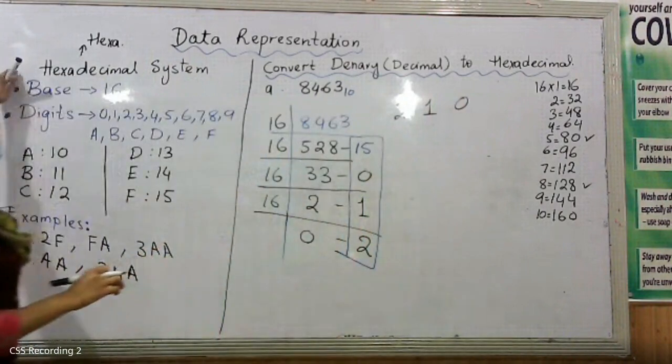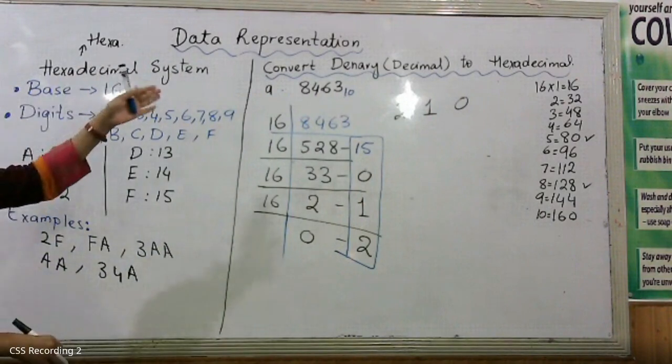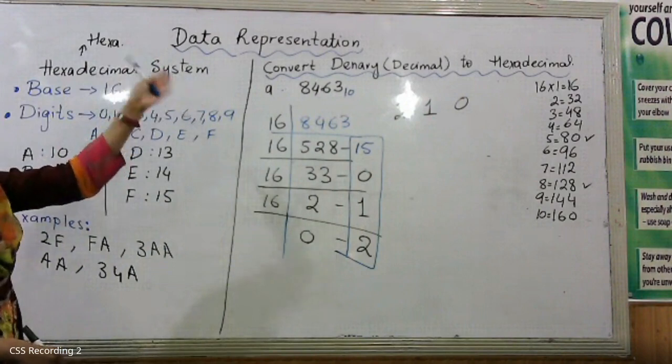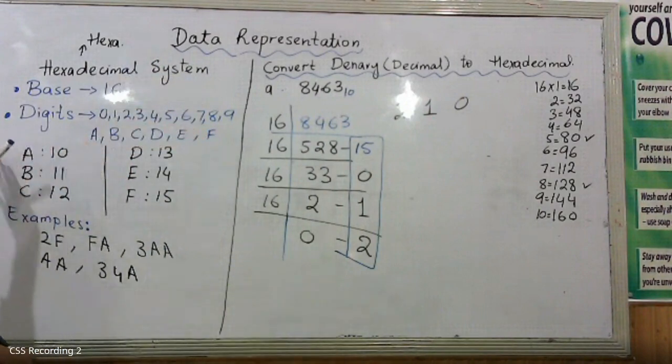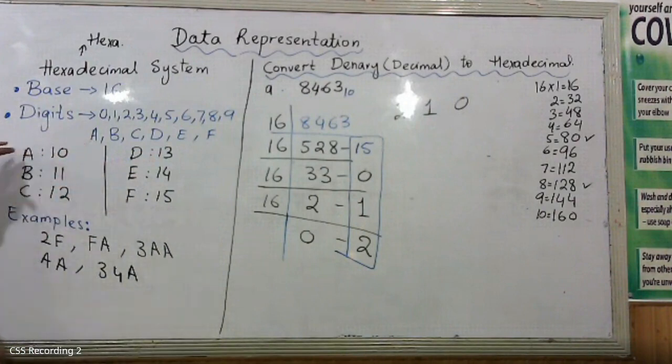As we have done in the hexadecimal system, whenever we are going to have a letter, we have to replace it with the decimal value. When we are converting from denary to hexadecimal, we have to convert a denary number into a hexadecimal letter.